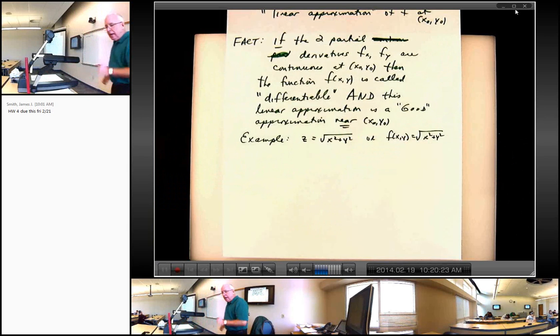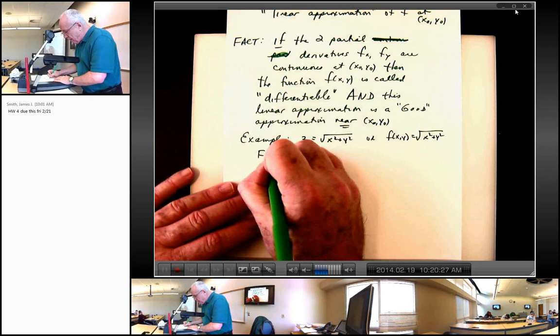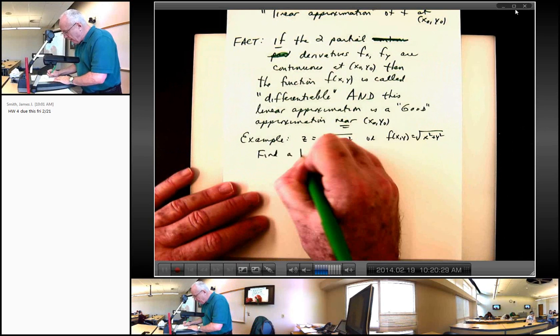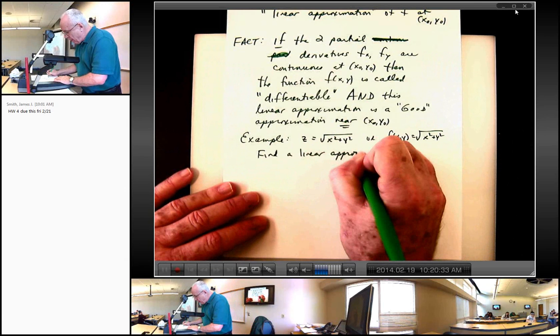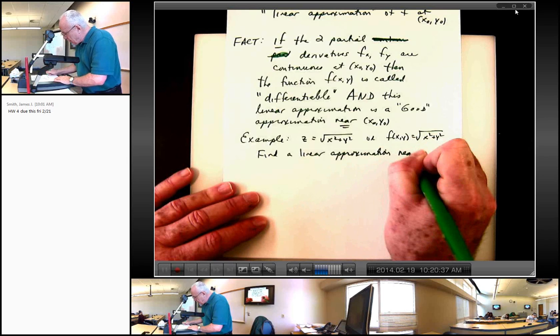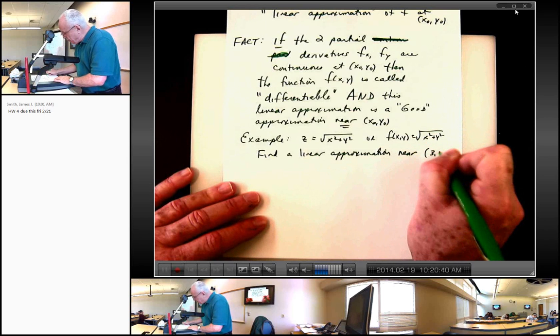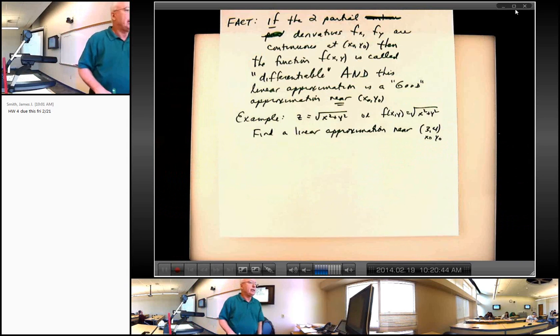And we're going to find a linear approximation near the point 3, 4. So that's our x0 and that's our y0.